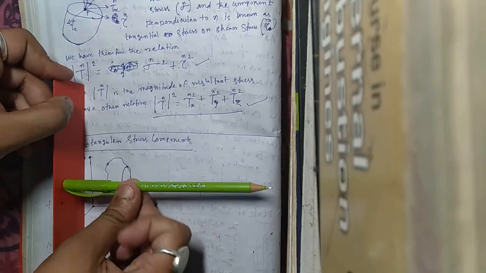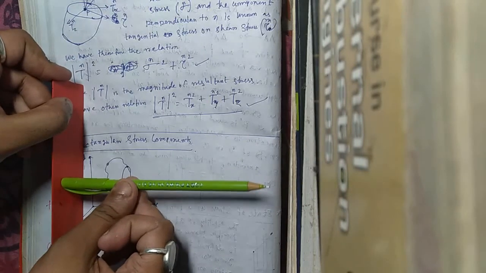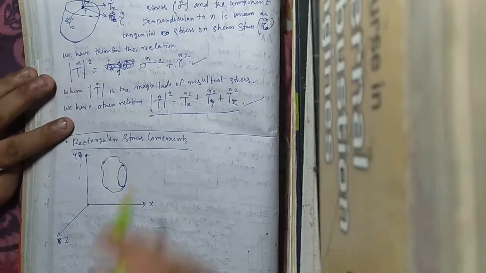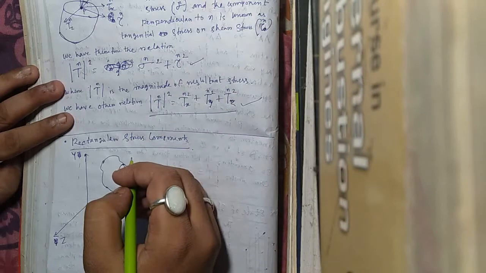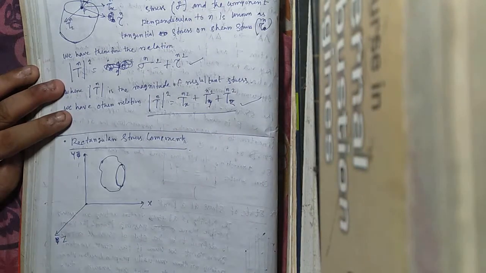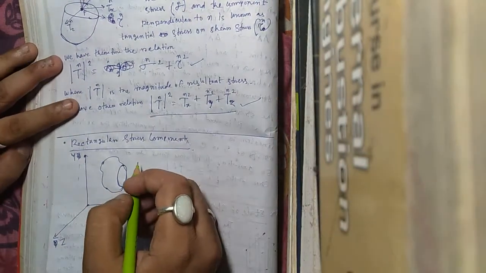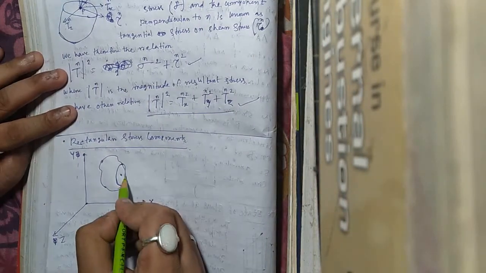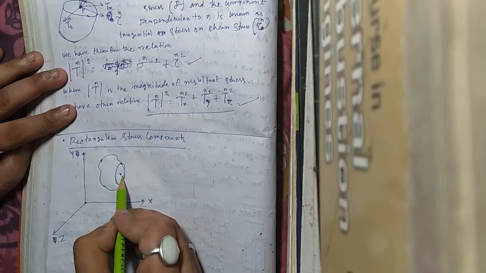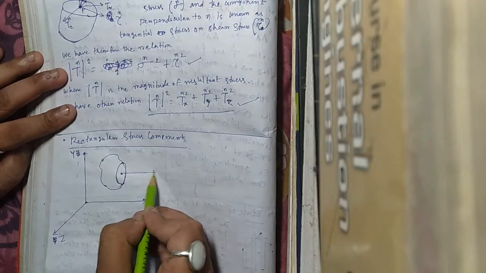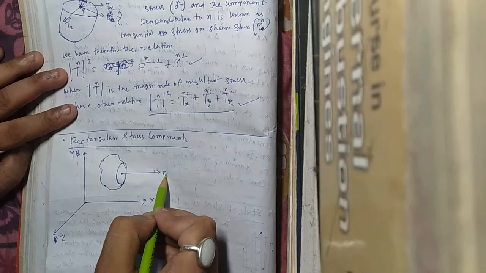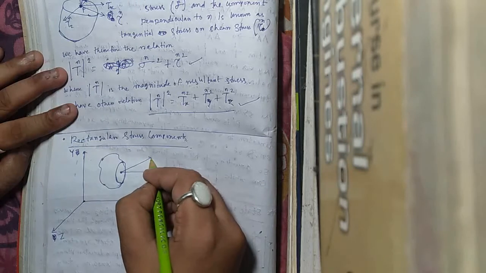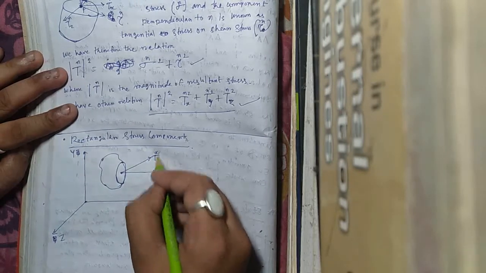This is the perpendicular or normal drawn from the yz plane, along the x-axis. Let this be a point, and the normal drawn from this point along the x-axis is n, and this is the resultant stress vector, suppose Ts.